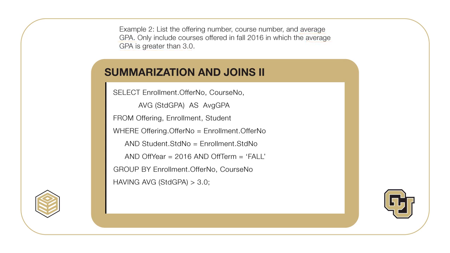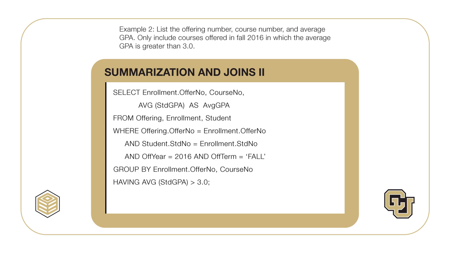The select statement shows the AVG or average function in the select clause, the cross-product join style to combine the enrollment, offering, and student tables, a group by clause on offer number and course number, and a having clause with the condition on average student GPA. Note that offer number must be qualified because it is a column in both the offering and enrollment tables.